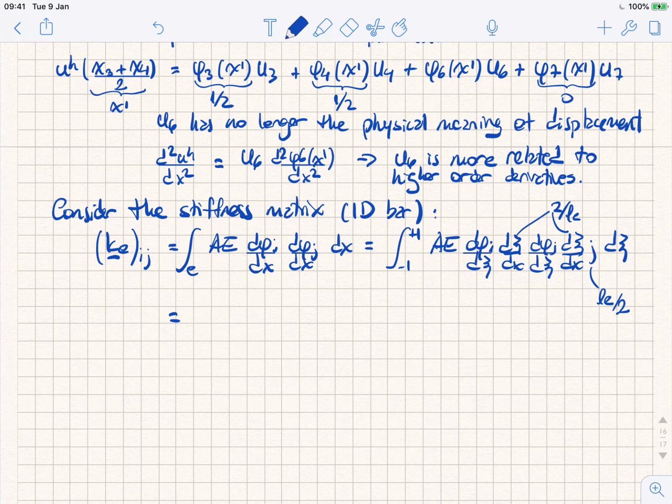Now when we do numerical quadrature, we replace that integral by the evaluation of the integrand at some fixed number of points called integration or Gauss points.